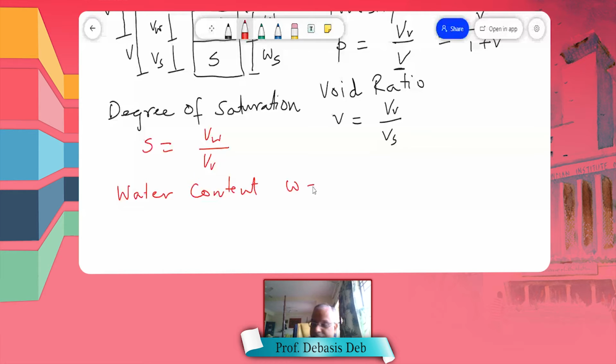This is weight of water by weight of solid. This is also kind of a ratio, weight of water by weight of solid. That means with respect to solid weight, how much is the weight of the water? Now, as you know, the weight of air we are ignoring. So water content w is Ww by Ws, the weight of water by weight of solid.